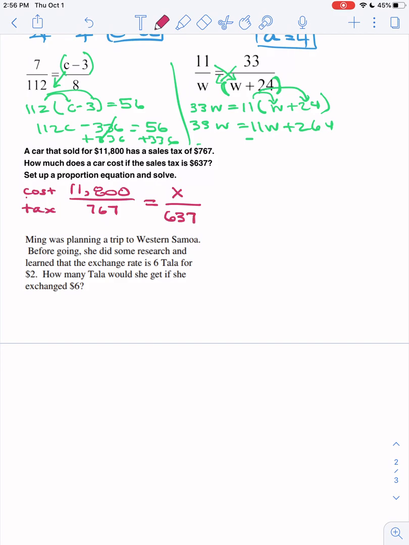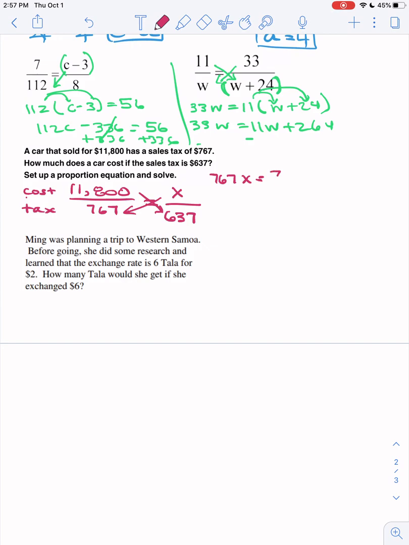So you can put both the taxes on the bottom and both the costs on the top, or you could put both the tax on the top and both the cost on the bottom, as long as you're consistent. They're both on the bottom or both on the top. Let's go ahead and cross multiply. So I get 767x equals, this is going to be a big number, 11,800 times 637.